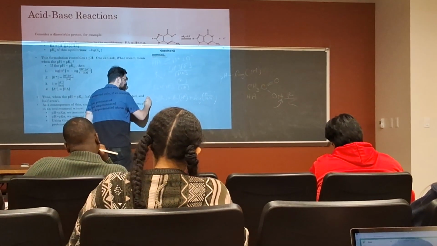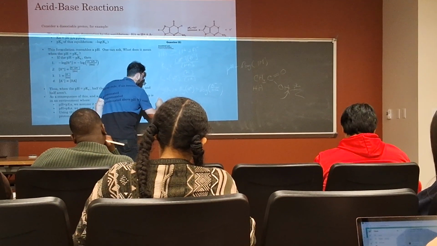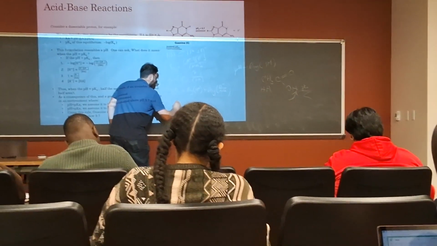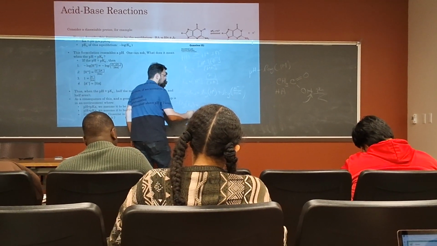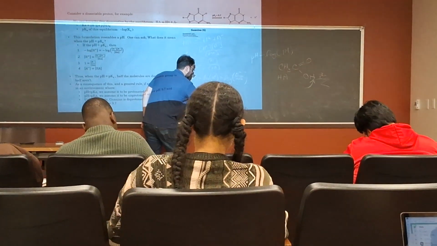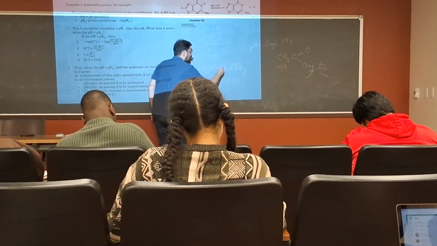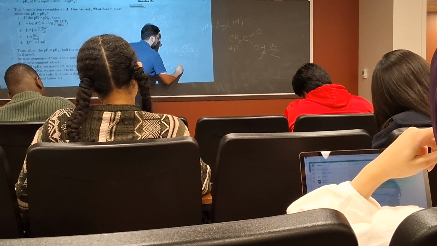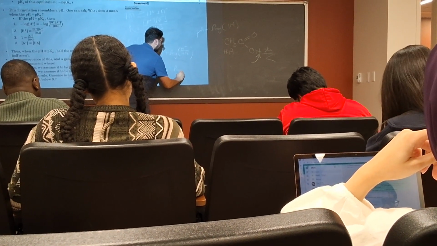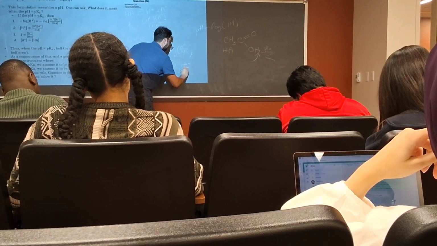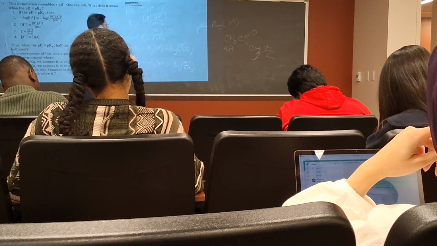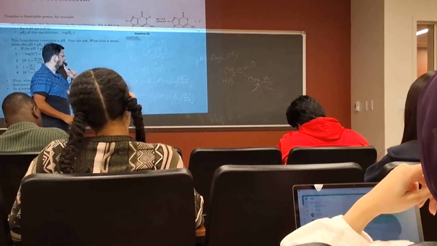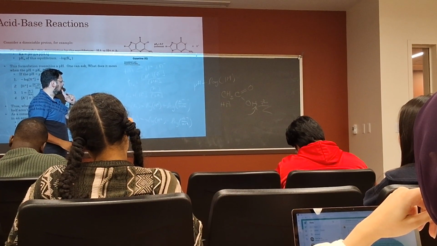That gives us negative log Ka equals negative log H plus minus log A minus over HA.